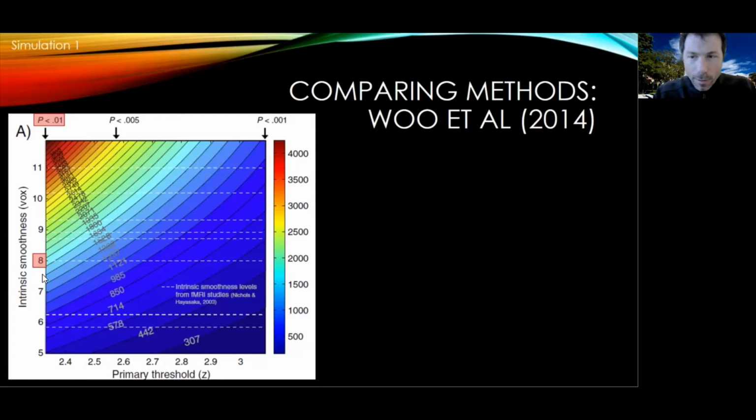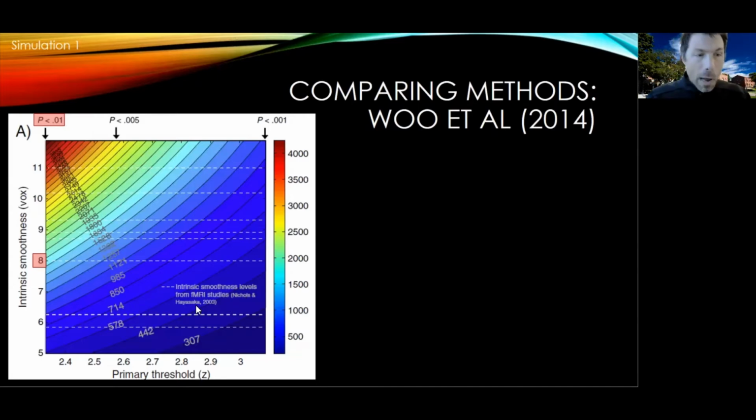The point of this is to show, simulation-wise, just how big of a cluster you would usually expect at different thresholds for different amounts of smoothness of the data. The little dashed lines that you're seeing are actual levels of smoothness of real data from prior papers. In fact, these data are taken from the Nichols and Hayasaka table that I just showed you a couple slides ago.